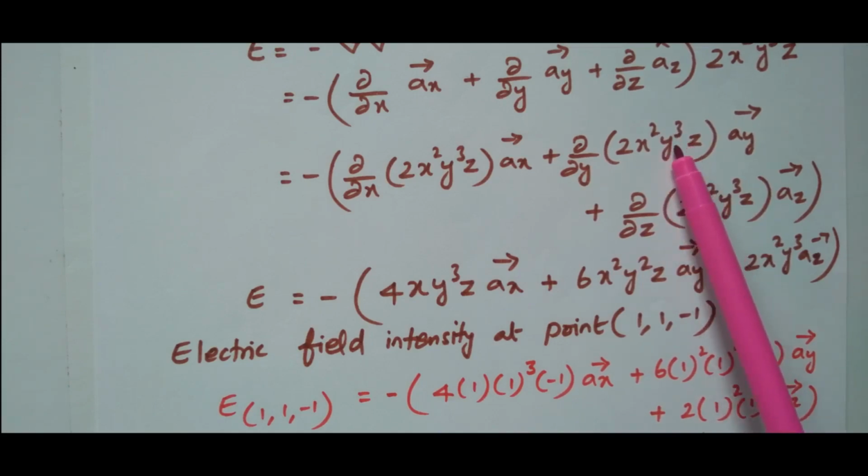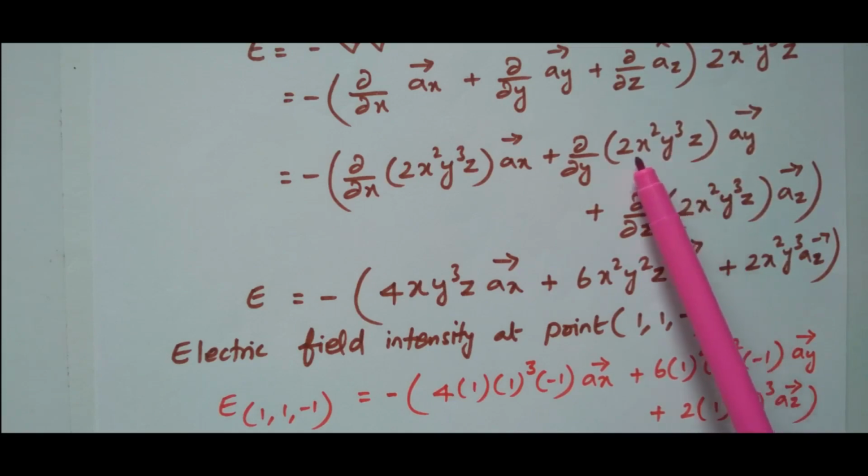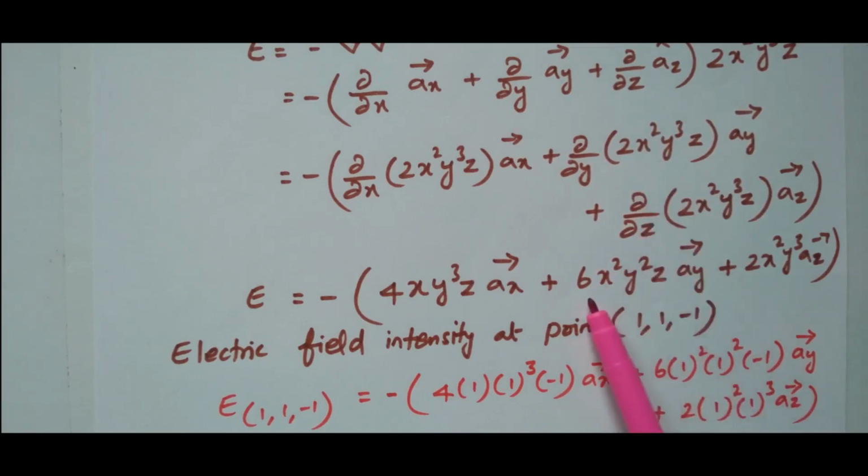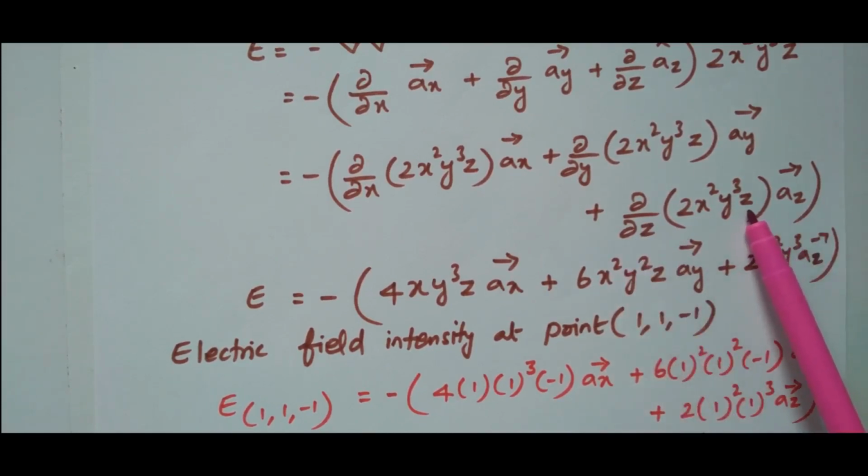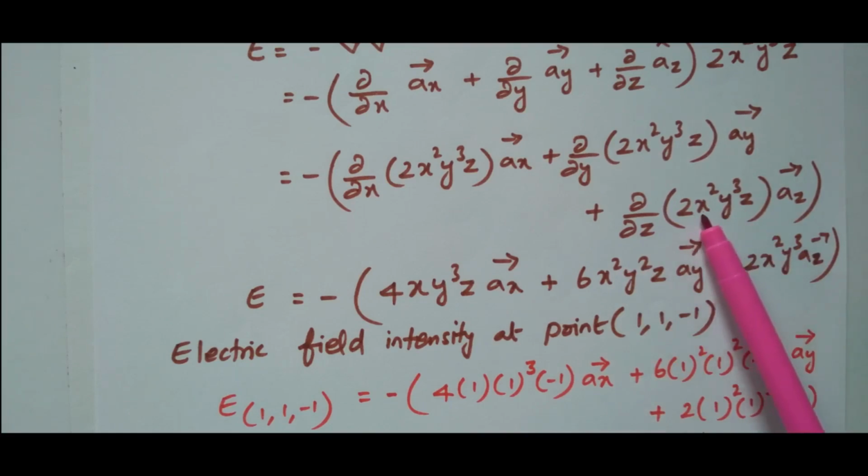Already 2 is here, so 2 into 3 is 6. So 6x square y square z into a_y vector. Then differentiation with respect to z: here z is available, so differentiation of z is 1. So we only have 2x square y cube into a_z vector.